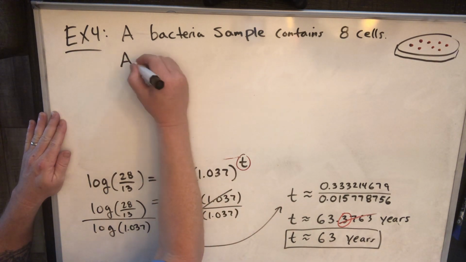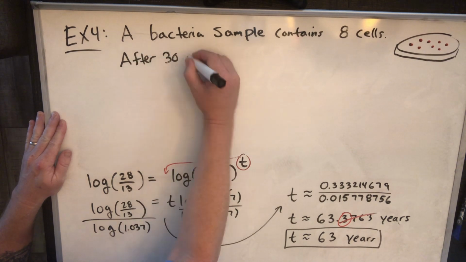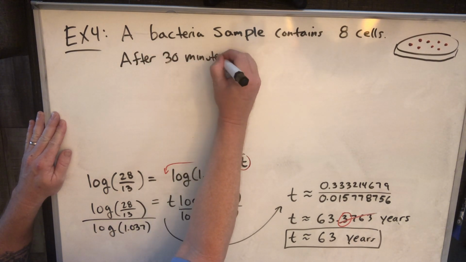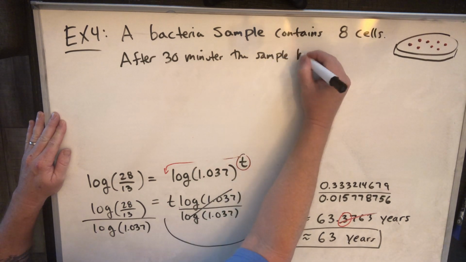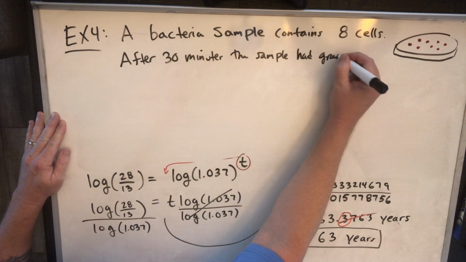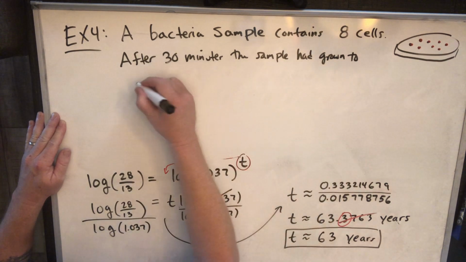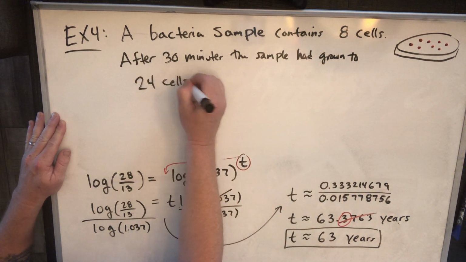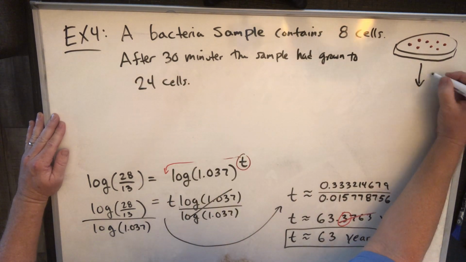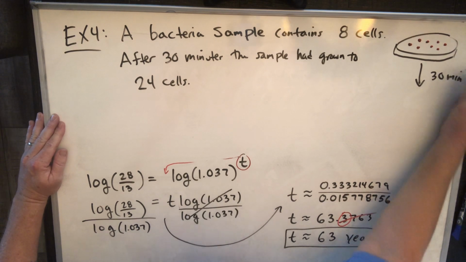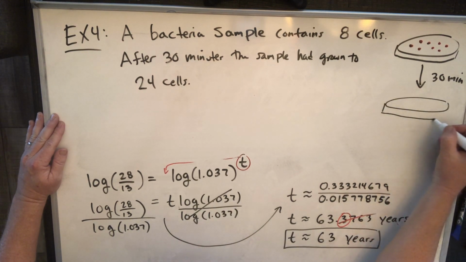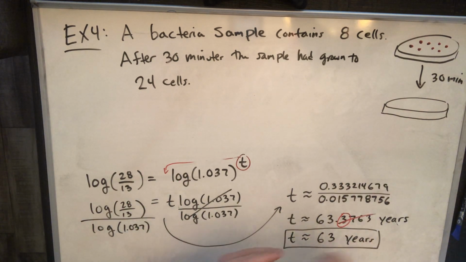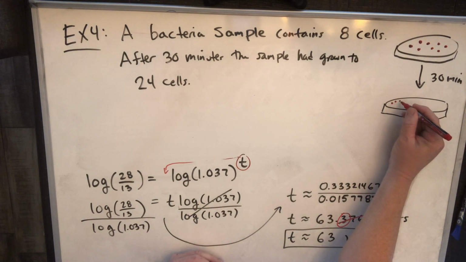After 30 minutes, the sample had grown to 24 cells. So 30 minutes later, in my dish, I've got 24 cells.